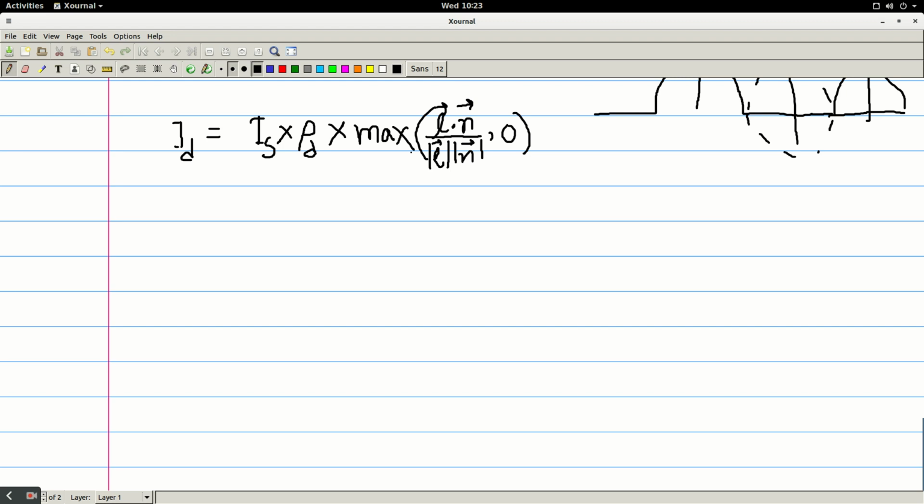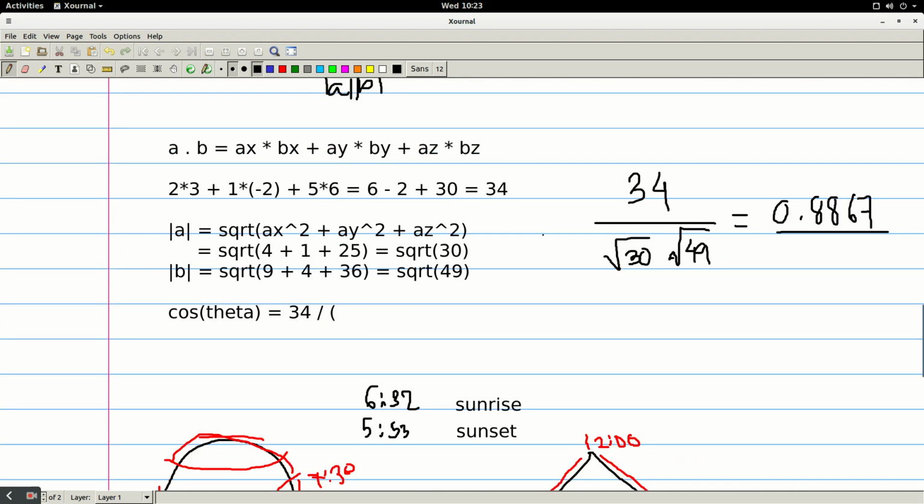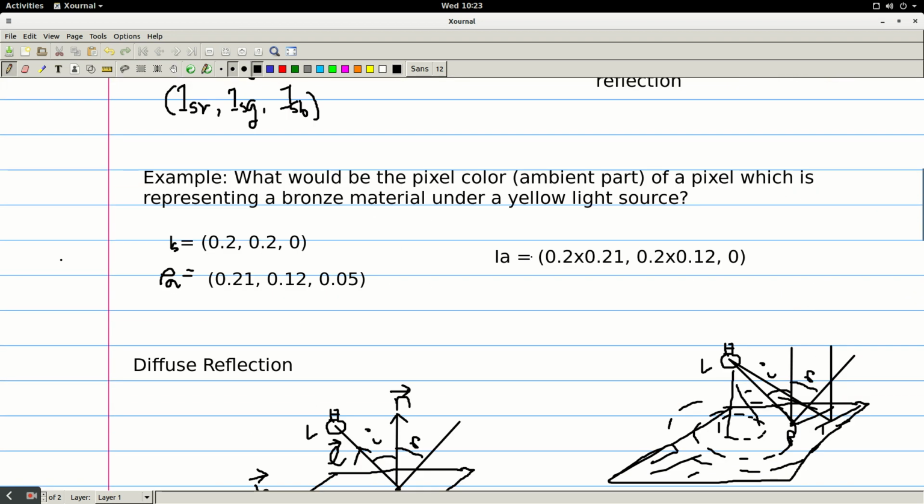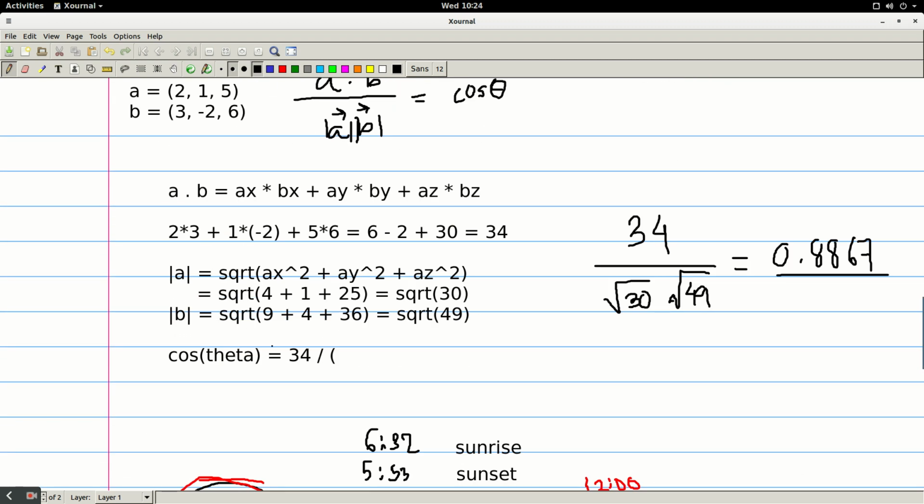So if you look at a total example for working this out, we got the intensity of the light source. Like the previous example we had, we will give you some intensity of the light source. For example, over here, we'll give you that. What about this rho A? If you're looking for the bronze material, the same bronze material, do we know rho D?